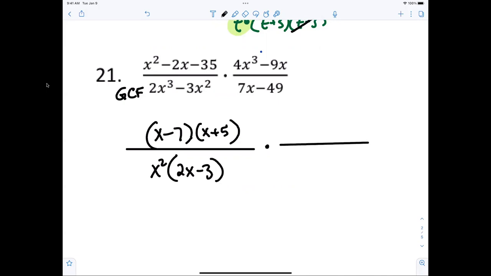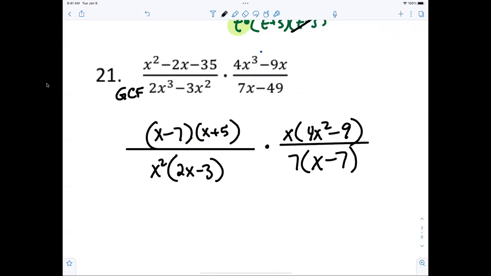Now what do I factor in the numerator of the second fraction? GCF, which is x. And then what's left behind? And what about the denominator? 7.